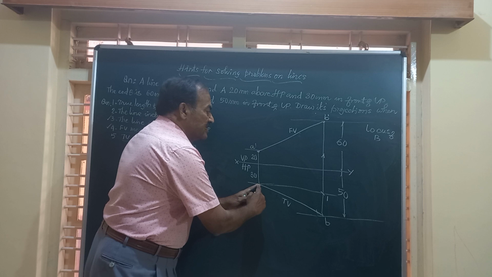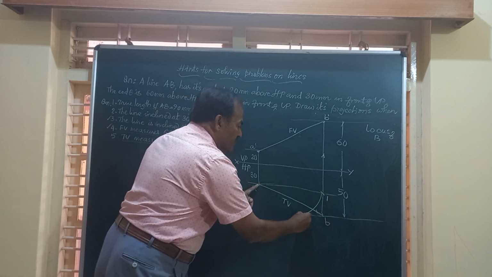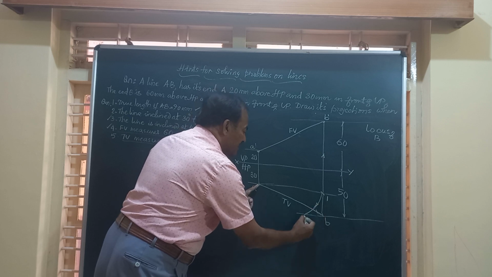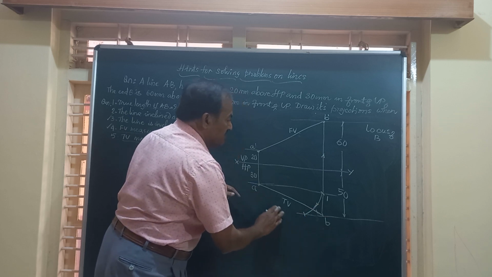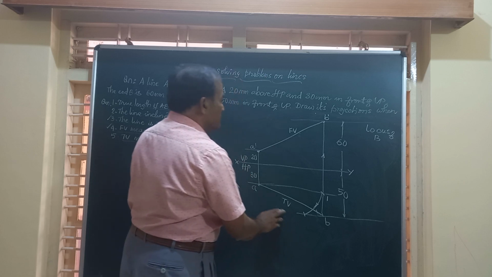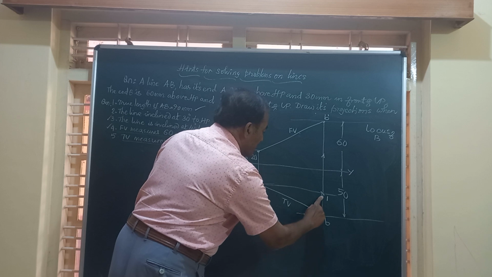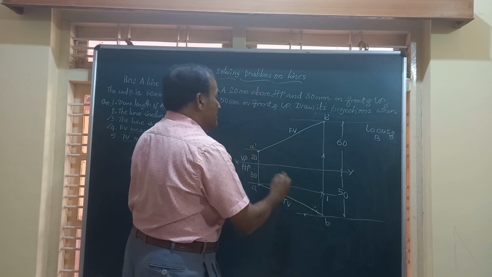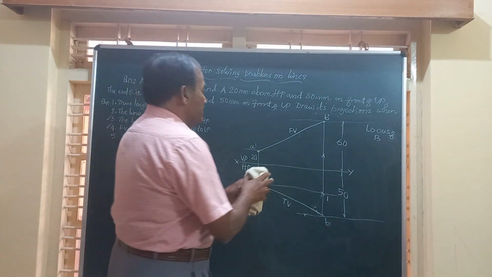Taking A as center and A1 distance as radius, I am going to draw an arc, and that arc will intersect the locus here. There is a small mistake here.